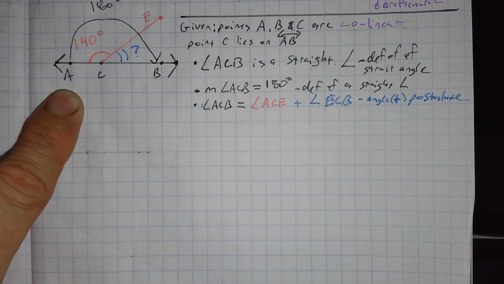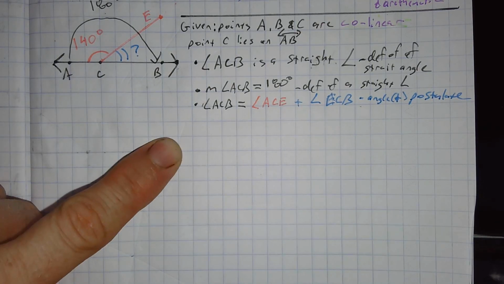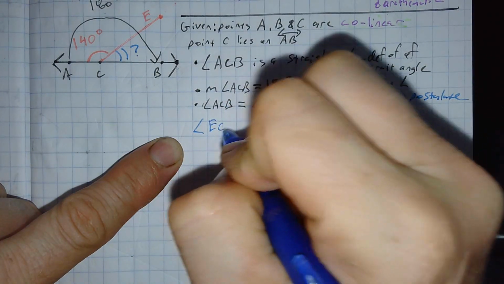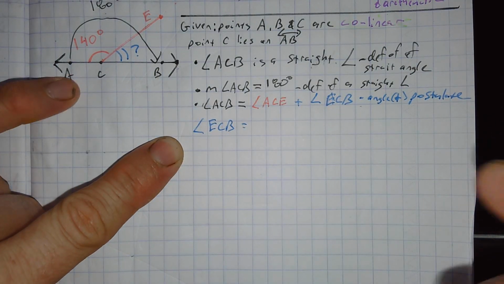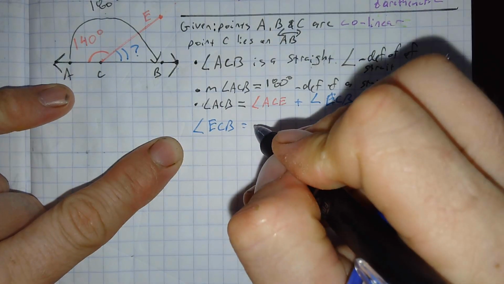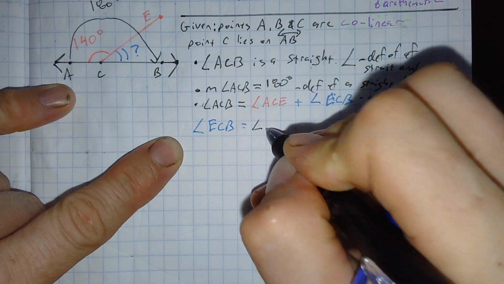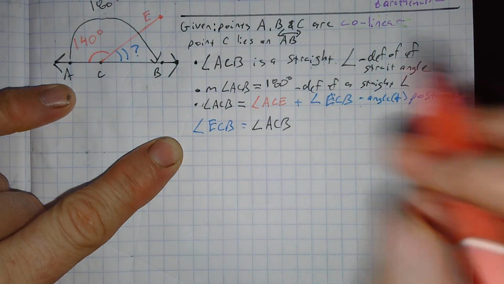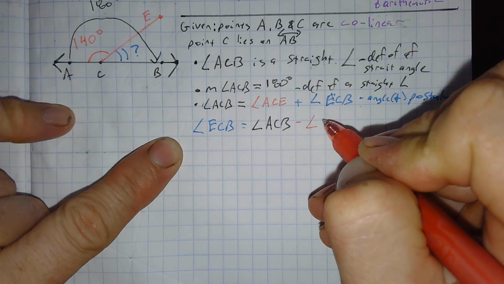Okay, so now if I'm trying to figure out this blue angle, I'm going to rearrange my equation to solve for the blue angle, saying that angle ECB, which is what I'm trying to solve for, equals my big angle, angle ACB, 180 degrees, minus my red angle, angle ACE.